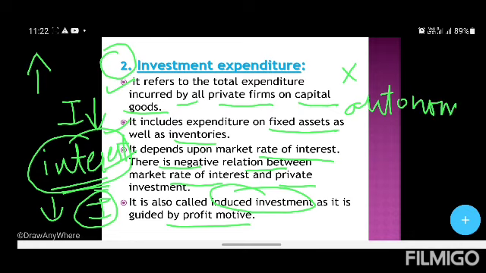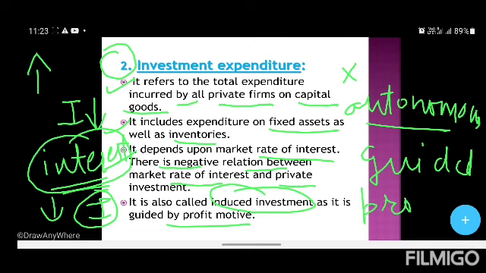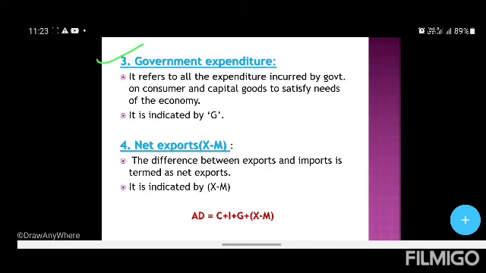Autonomous investment is that rate of investment which is constant as the income increases. Why? Because it is not guided by the income or profit. Therefore, the investment which is not guided by the profit is called the autonomous investment.